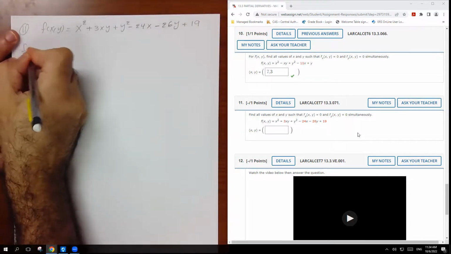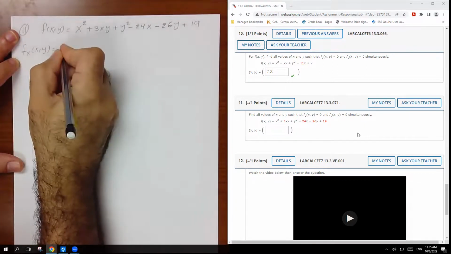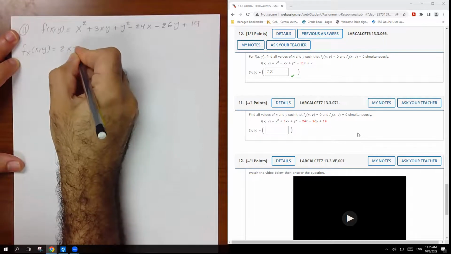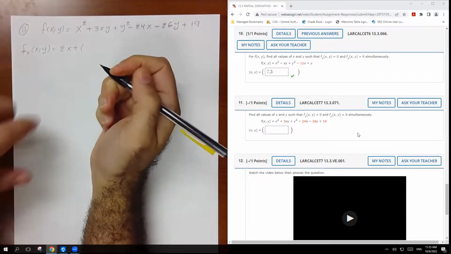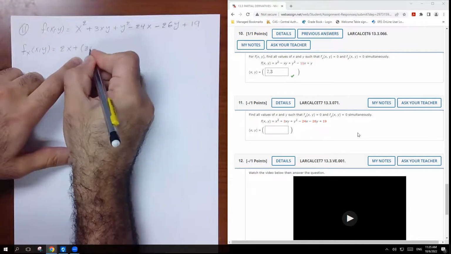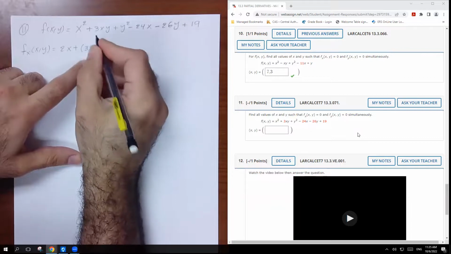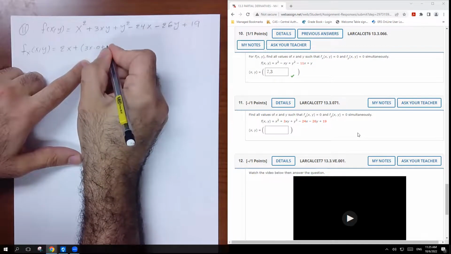So f sub x of x, y is going to be 2x plus, do the chain rule here. With respect to x, here is the first one, the second one is 0, plus the second one times the derivative of the first one, 3. So it's going to be 3y.